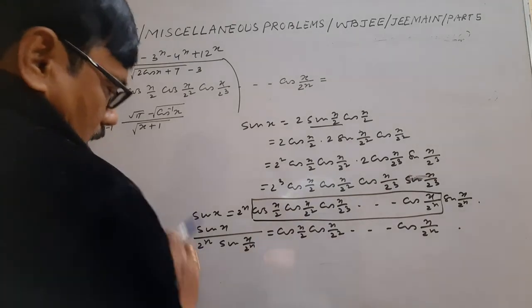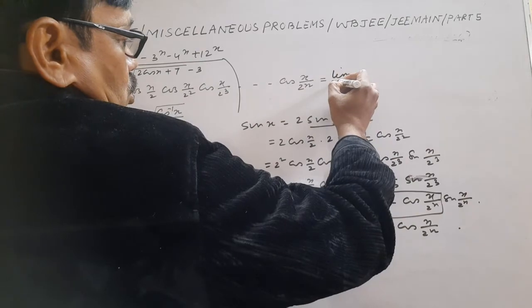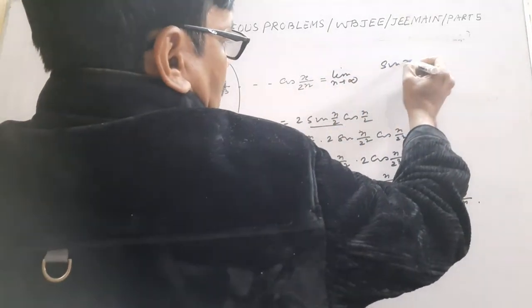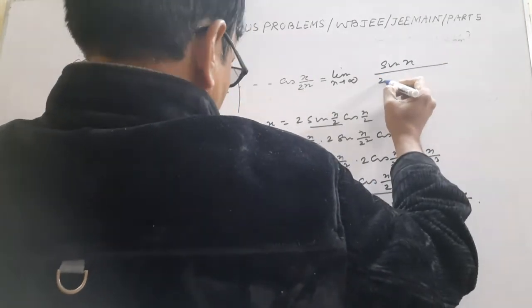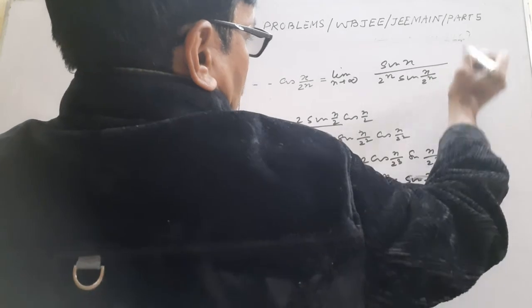Now it is very simple. The limit as n tends to infinity: what is the value of sin x divided by 2 to the power n sin(x/2 to the power n)?